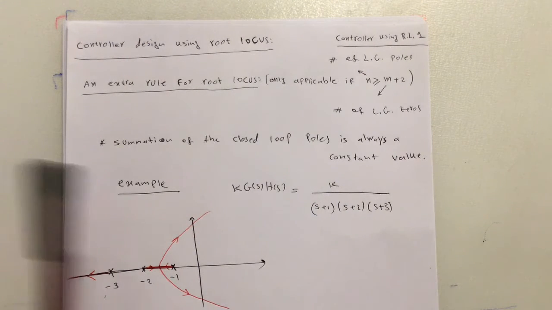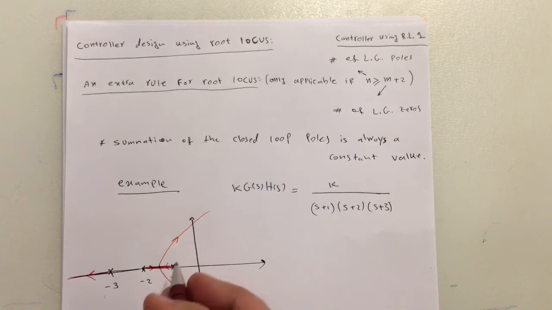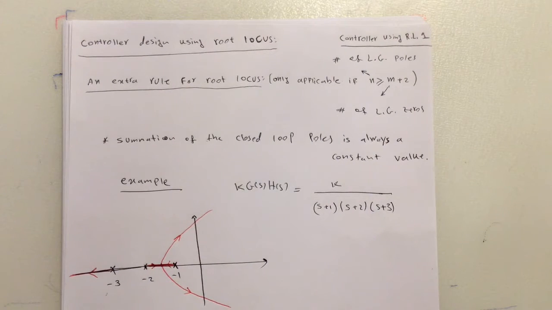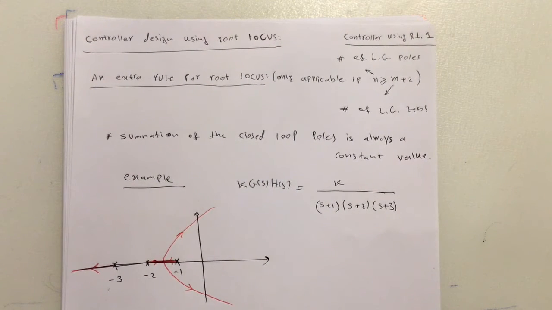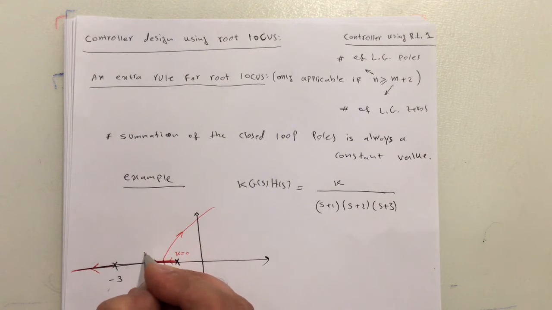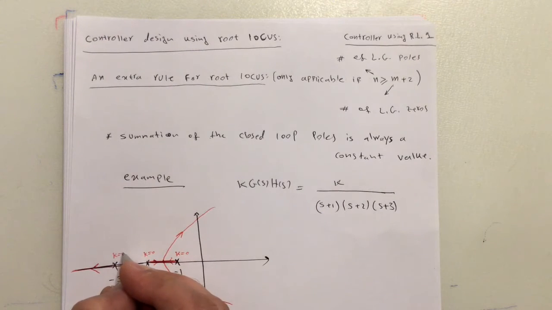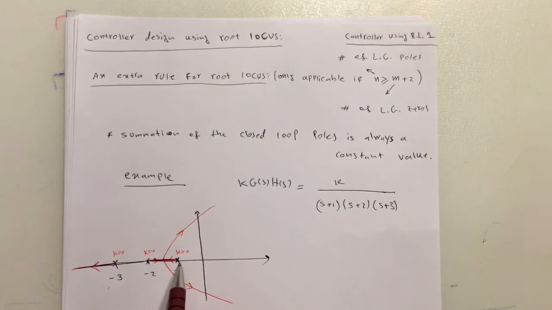But we know that when k is equal to 0, the closed loop poles are the same as the open loop poles. So for k equals 0, I write k equals 0 on top of the poles. Then we know that the closed loop poles when k is 0 are here.